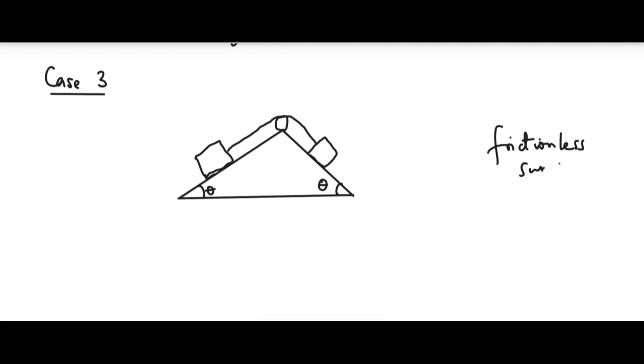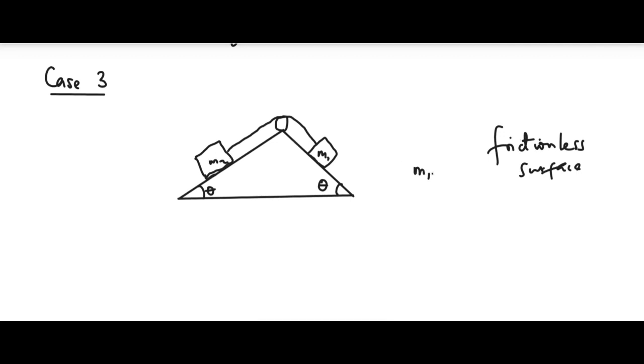I'm not expecting coefficient of friction, whether kinetic or static, because the surface is frictionless. But note that no surface is totally smooth. Does that make sense? But since the condition has been given to you that the surface is frictionless, you have to forget about the coefficient of friction, right? But if the coefficient of friction is given and is asked in the question, you should know that the surface is not totally smooth. Let me have my M1 here and M2 here.